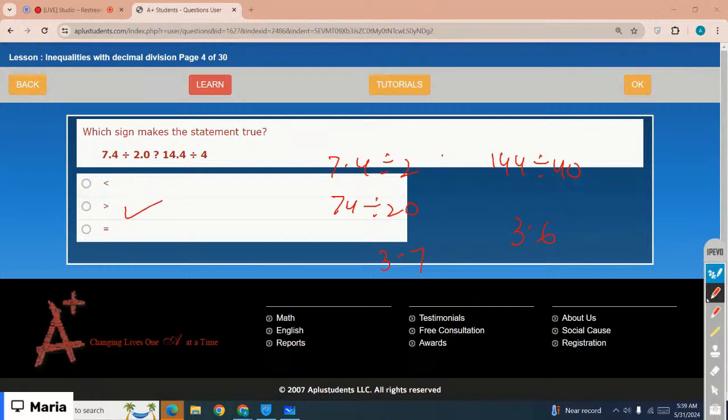So 3.7 is greater than 3.6. The correct option is greater.